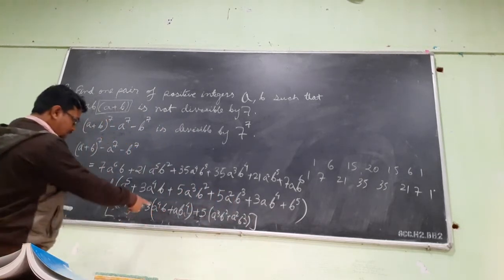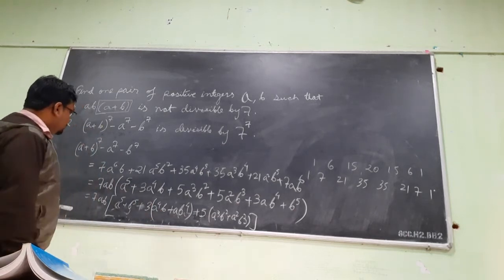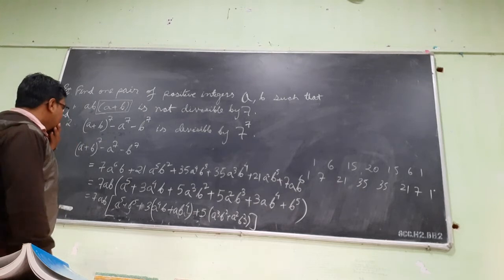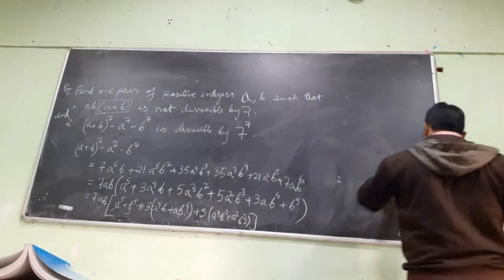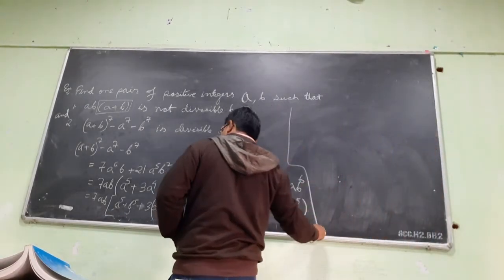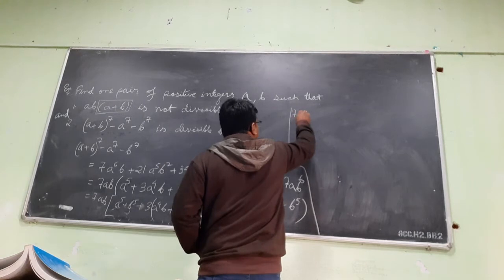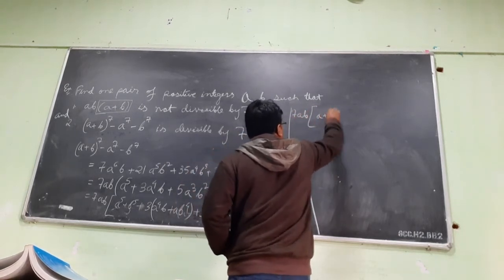So from here also I can take common. Yes, take common to be more simple. Okay, we'll try. So if you factorize this, you get 7ab multiplied with a to the power 5 plus b to the power 5.